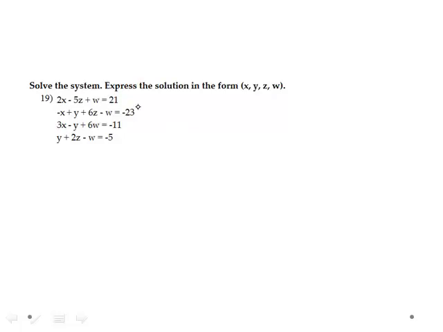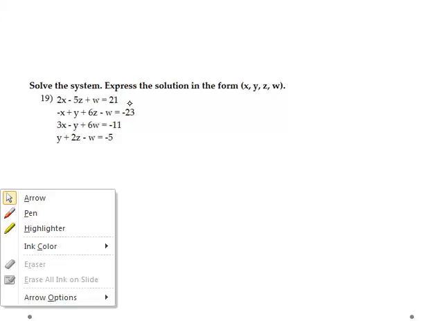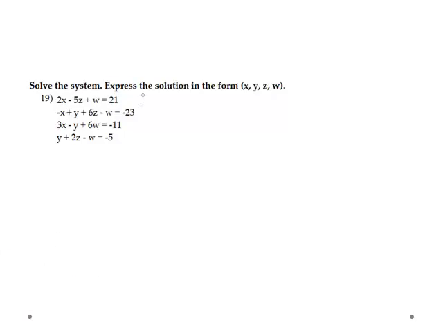If you notice, by adding the first 2 equations together, we can eliminate the w, so we get 2x minus x is x, plus y, minus 5z plus 6z is z, and the w's are eliminated, and we get x plus y plus z equals negative 2.